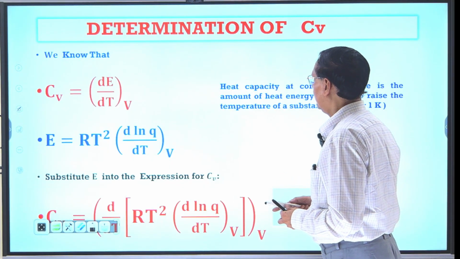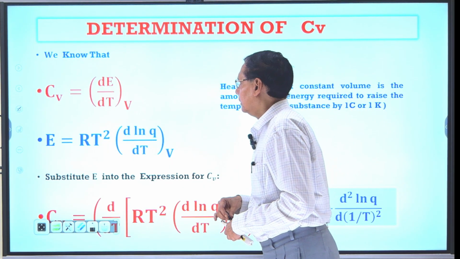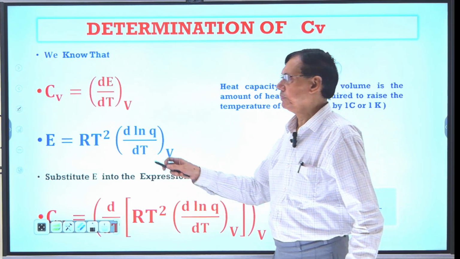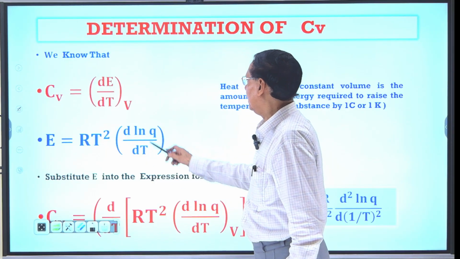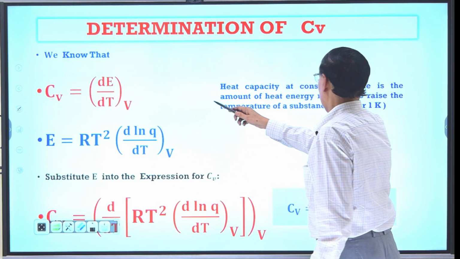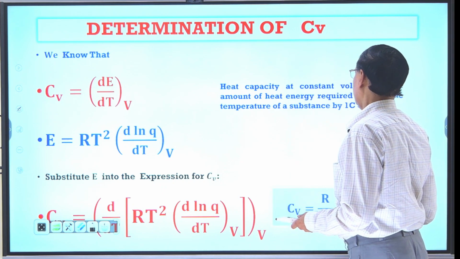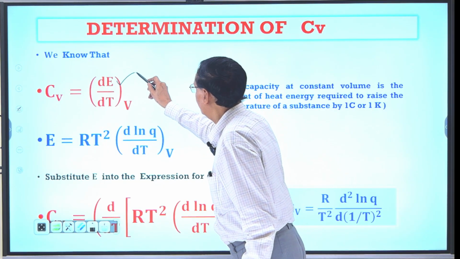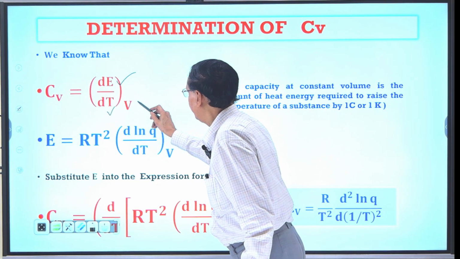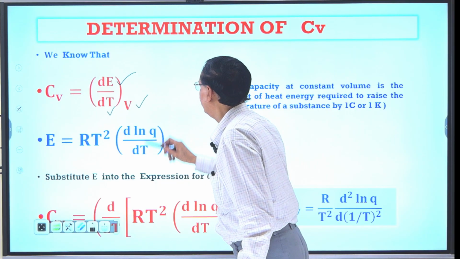Now, you know that the formula of heat capacity at constant volume is nothing but the change in internal energy with respect to temperature at constant volume.